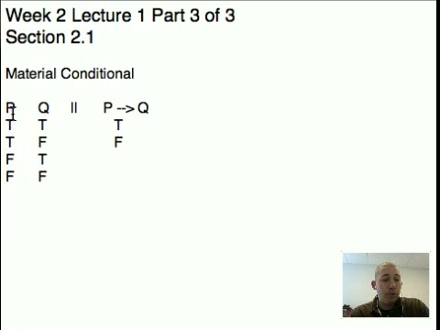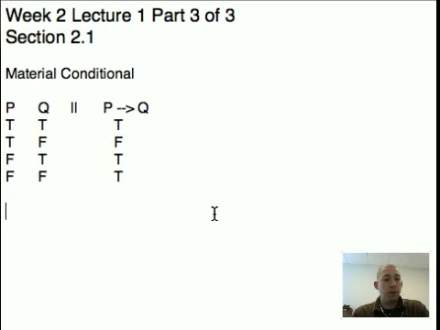And whenever P is false, the whole sentence is going to come out true, and that applies in both cases where P is false. So as long as P is false, the material conditional will come out true. The only time the conditional is false is when P is true and Q is false.